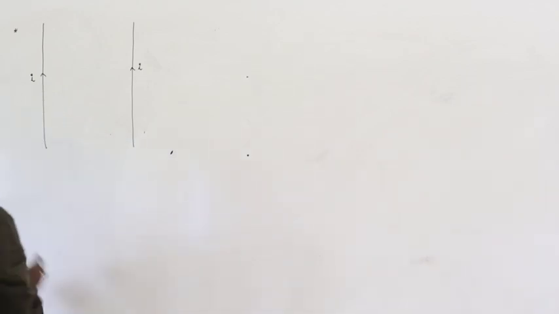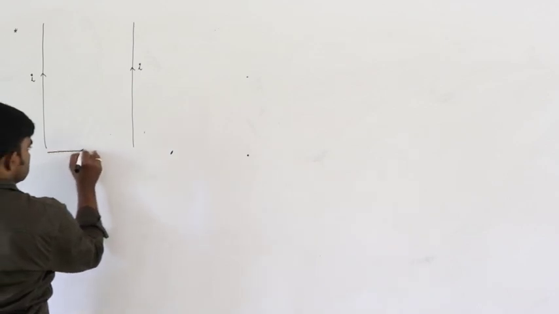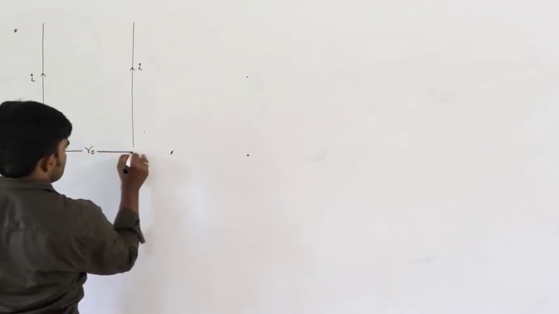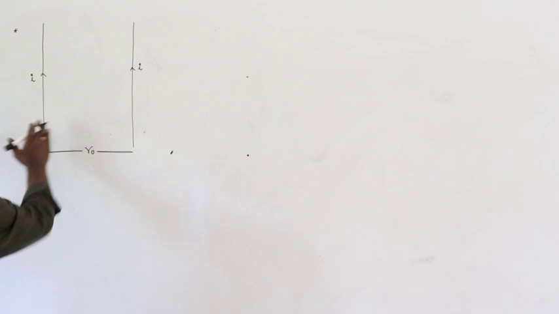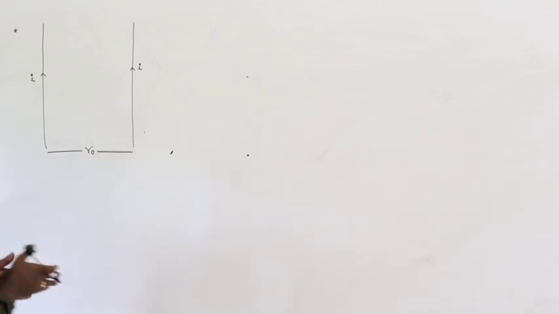Initially the two conductors are separated by distance r naught.